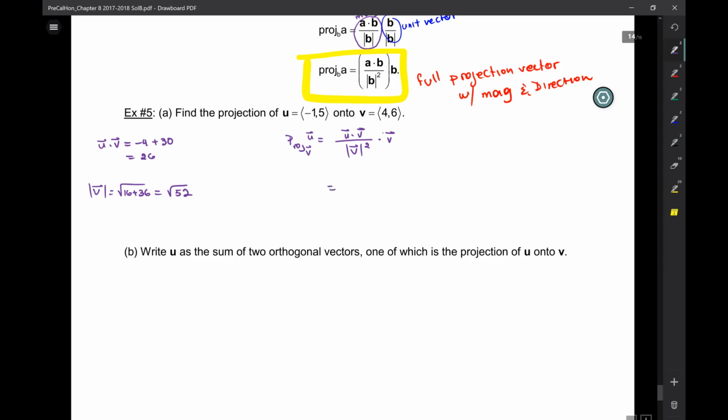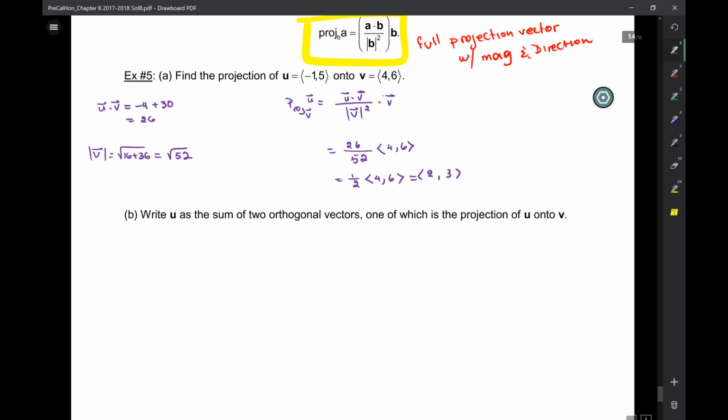So this is going to be U dot V, which is 26, over the magnitude of V squared, which is 52, times vector V. So this is 1/2 times 4, 6, which is 2, 3. So essentially for the magnitude of V squared, it's just going to be the number inside the root without the square. Yeah, because you square it, right? All right, so this is the projection then of U onto V.